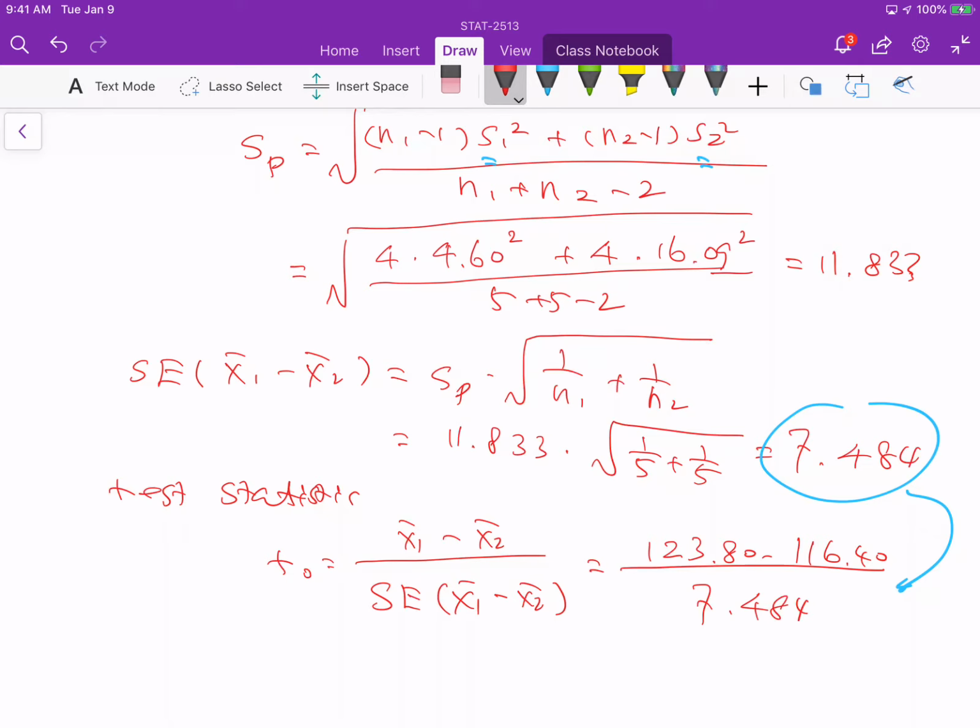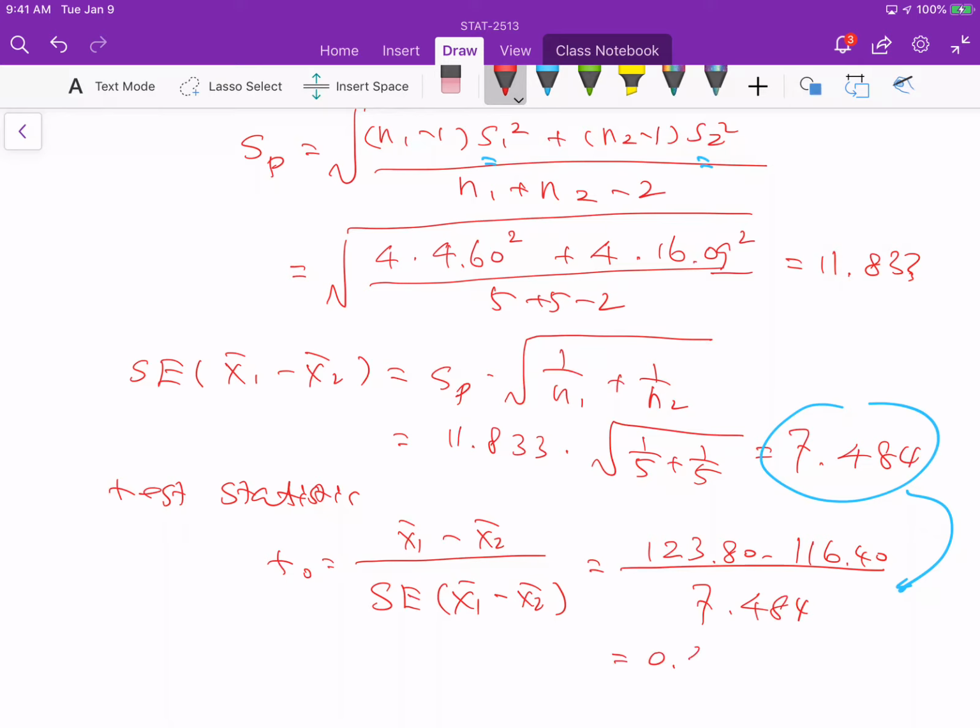Then you do the math, and the statistic is 0.989. For the p-value, it is the probability of t greater than t0. We use greater than t0 because this should be consistent with whatever we have in the alternative hypothesis.